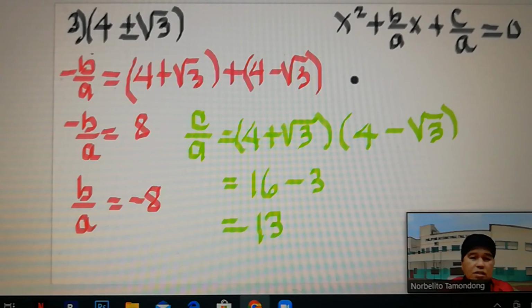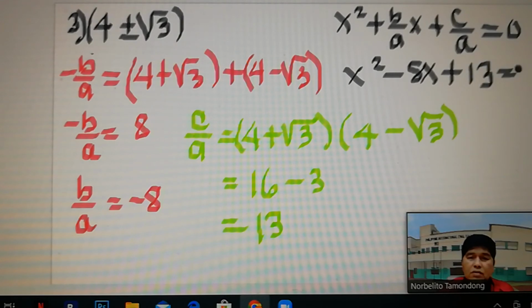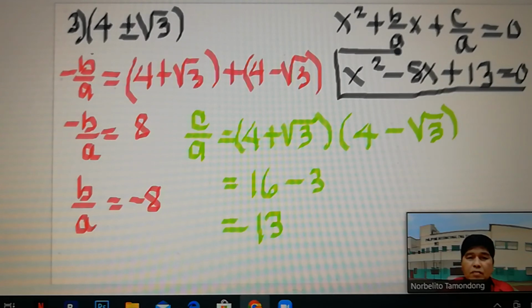So the equation is simply x squared minus 8x plus 13 equal to 0. So this is now our answer for number 3.